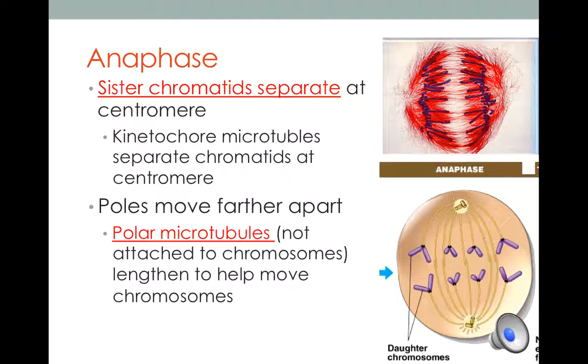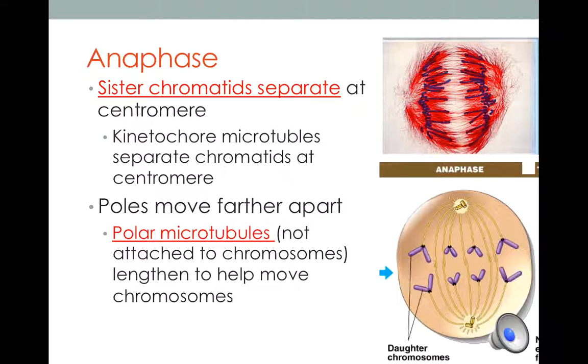During anaphase, the sister chromatids are going to separate at the centromere. An enzyme called separase, it's spelled S-E-P-A-R-A-S-E, is going to come in and dissolve and break down the cohesin proteins that were holding the centromeres together. Once the cohesin proteins are gone, the centromere is going to break down and the sister chromatids can separate.